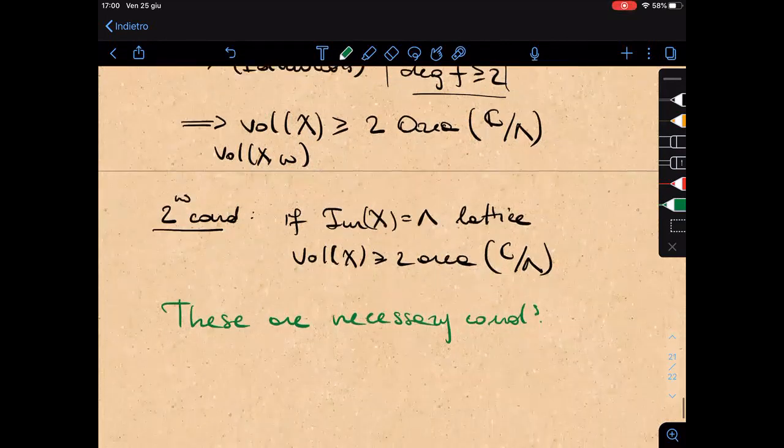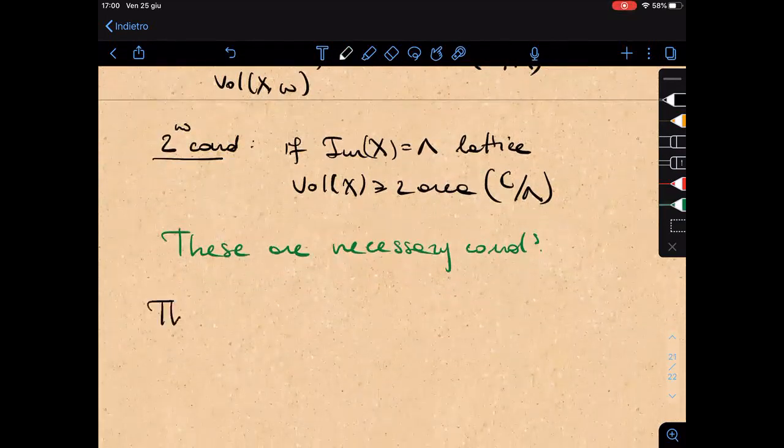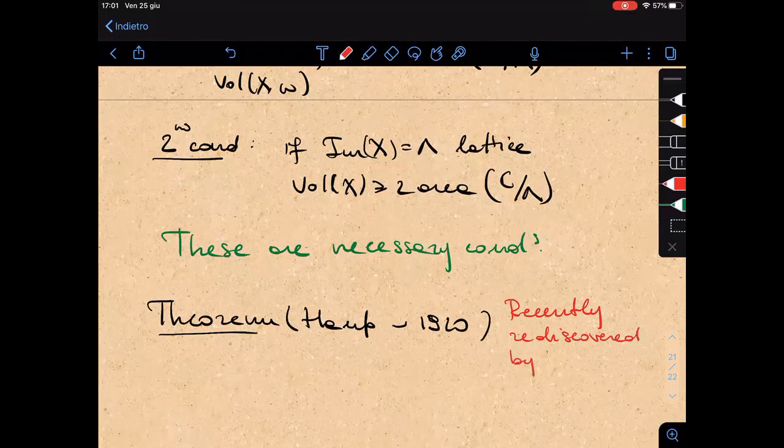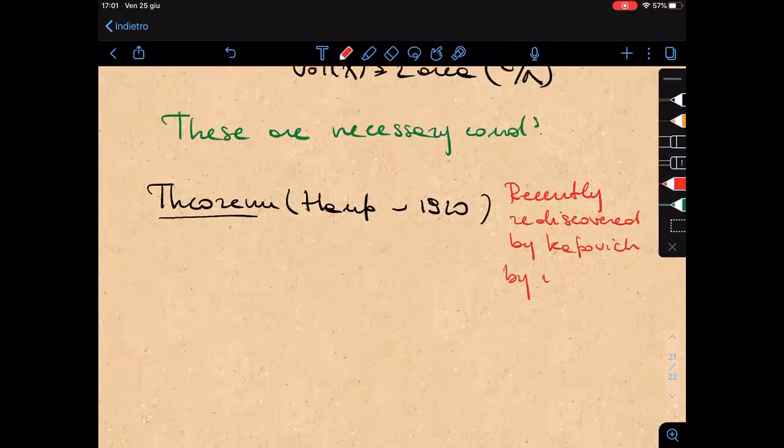And some old theorems, this theorem that I already stated in the previous lecture, this theorem from 1920, and I should say recently rediscovered by Kapovich by using Ratner theory, so a completely different method.